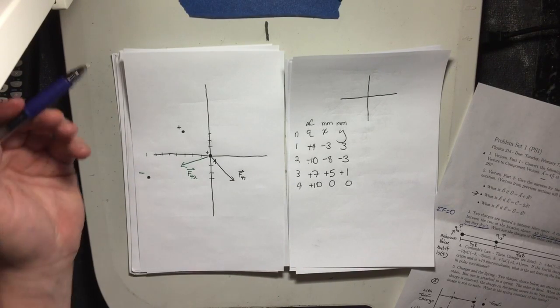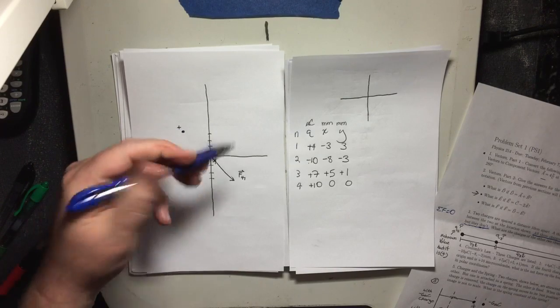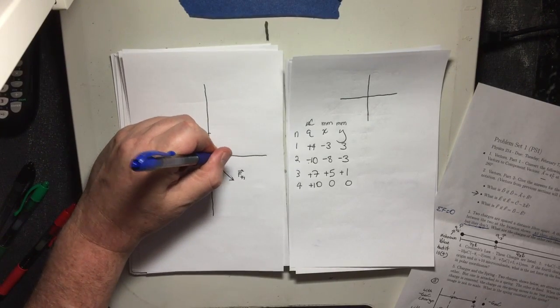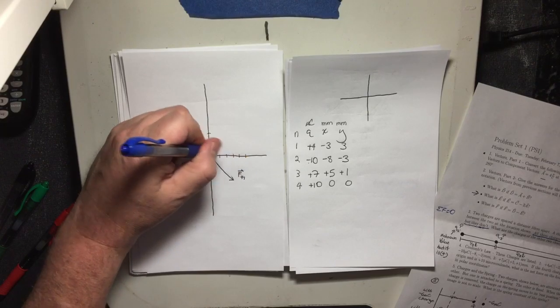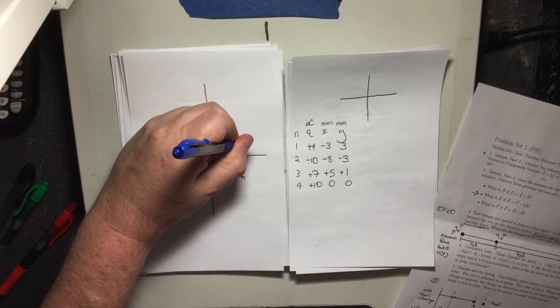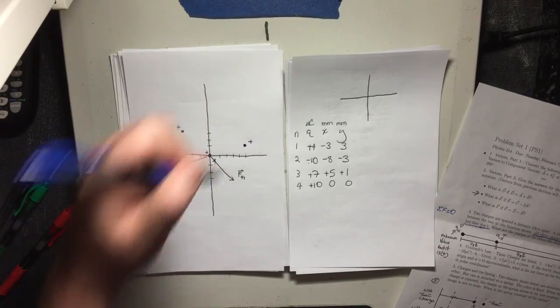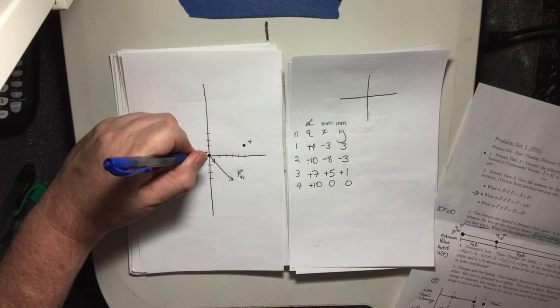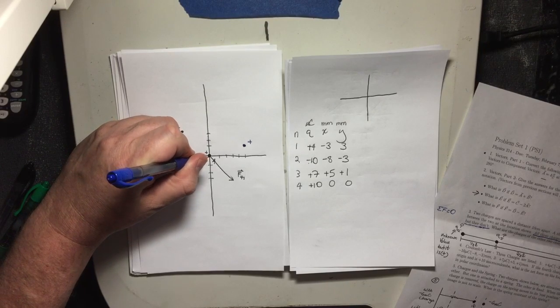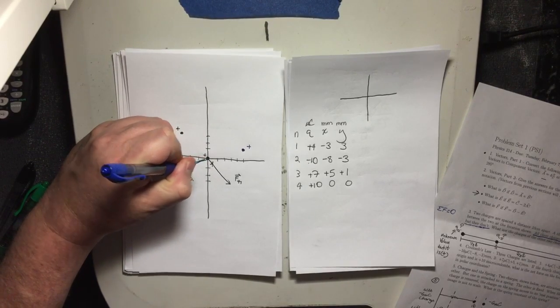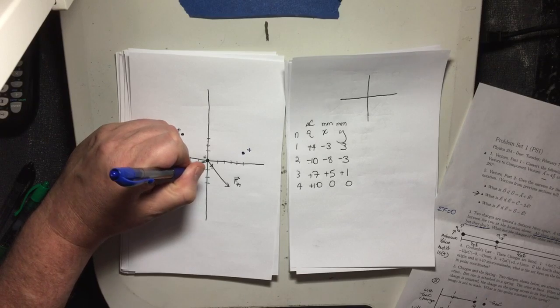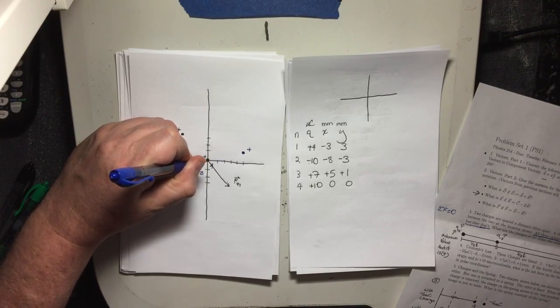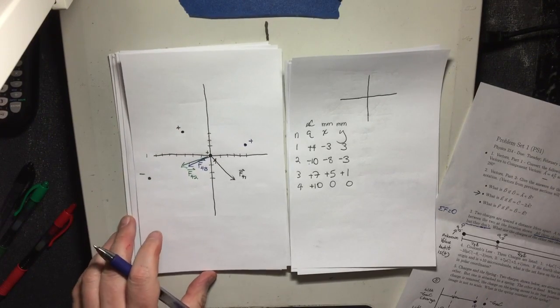The last one, positive 5 and 1: 1, 2, 3, 4, 5, and 1, so that's here. It is a positive charge. Positive, positive, it repulses, which means the force on 4 by 3 is out there.